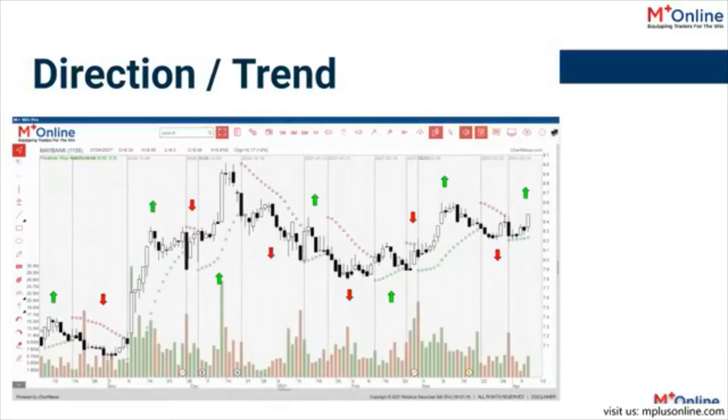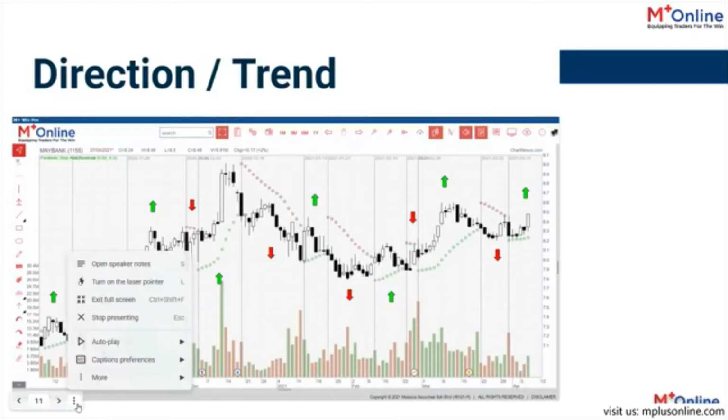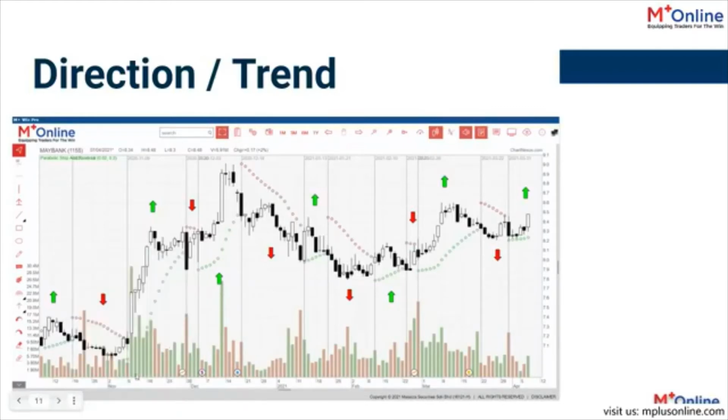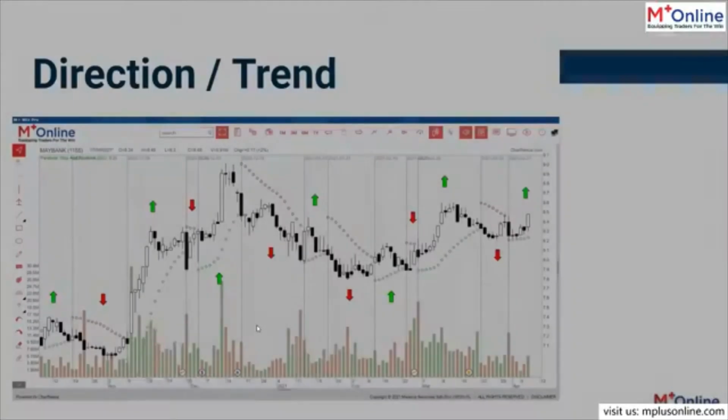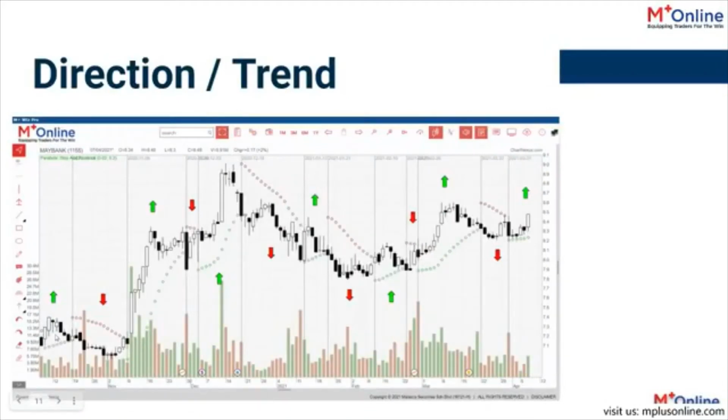So you can see whenever the price candle is above the dots, the price is moving upwards. When the price starts to drop below the dots, you can see the line turned into a short-term downtrend.